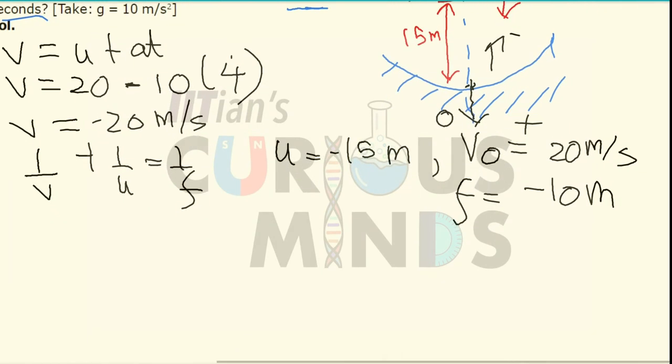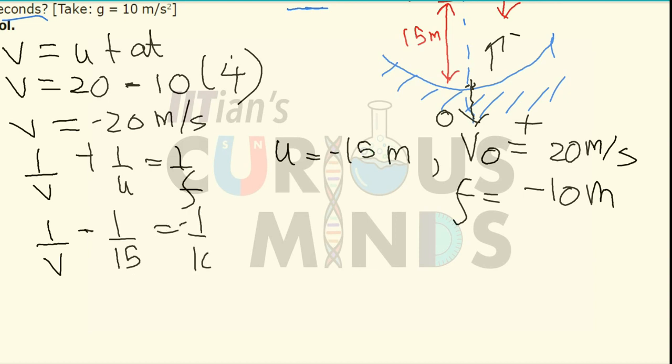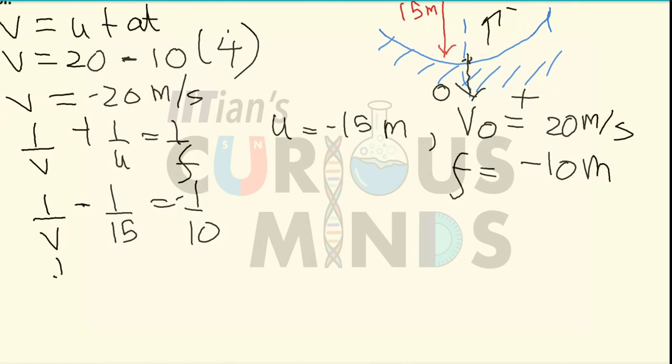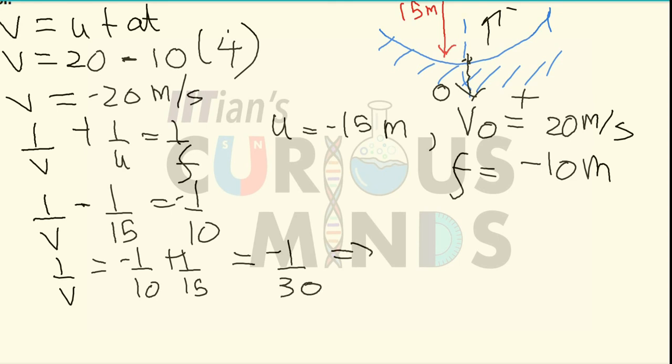So 1 by v minus 1 by 15 will be equal to minus 1 by 10. 1 by v will be equal to minus 1 by 10 plus 1 by 15, which is minus 3 plus 2 over 30, equal to minus 1 by 30, which implies v will be equal to negative 30 meter. Let this term be as it is; we will use this later.